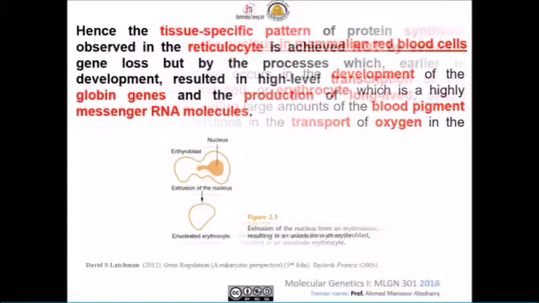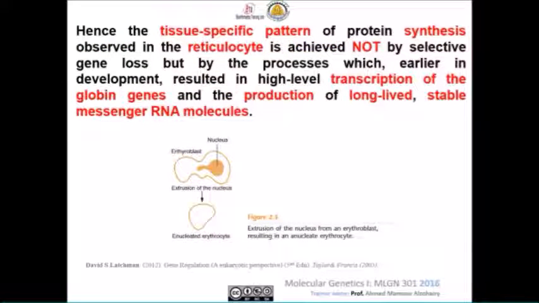So as we see, the tissue-specific pattern of protein synthesis observed in this kind of cell is achieved not by selective gene loss, but by the process which earlier in development resulted in a high level of transcription of the globin genes and production of long-lived stable messenger RNA molecules.